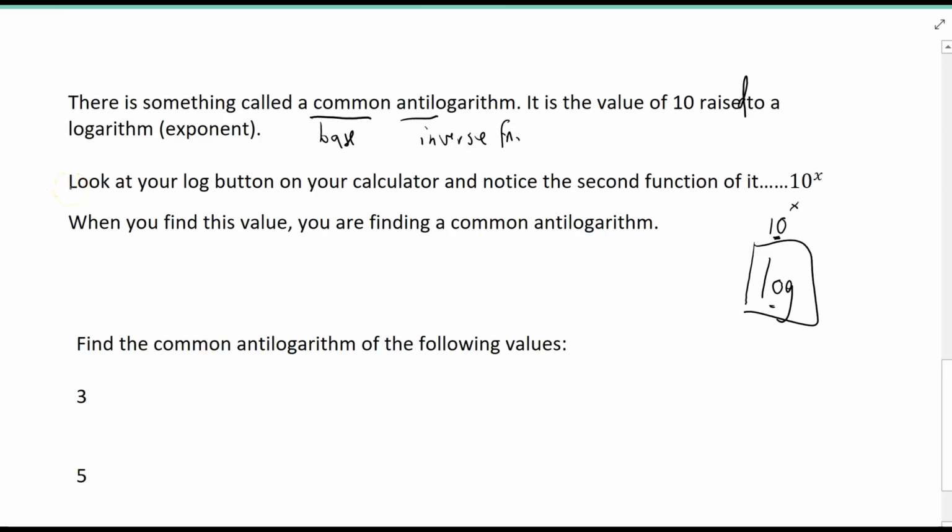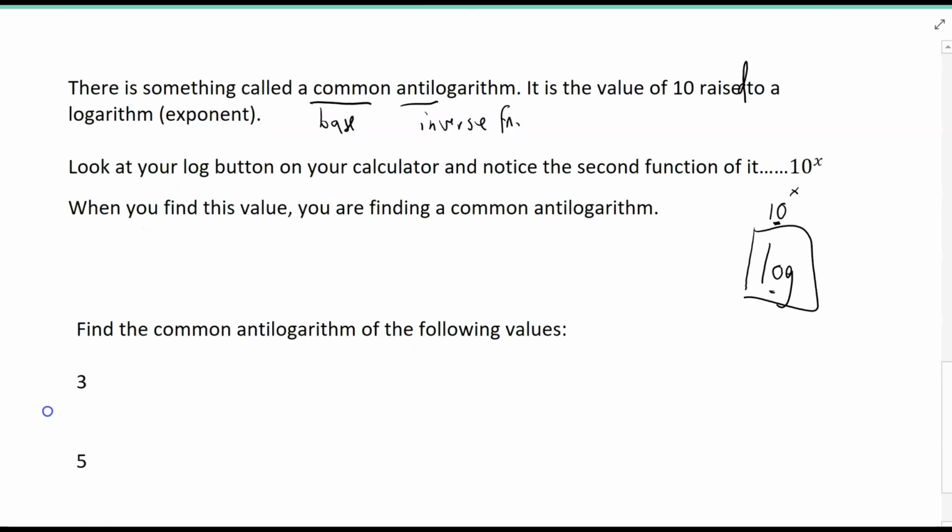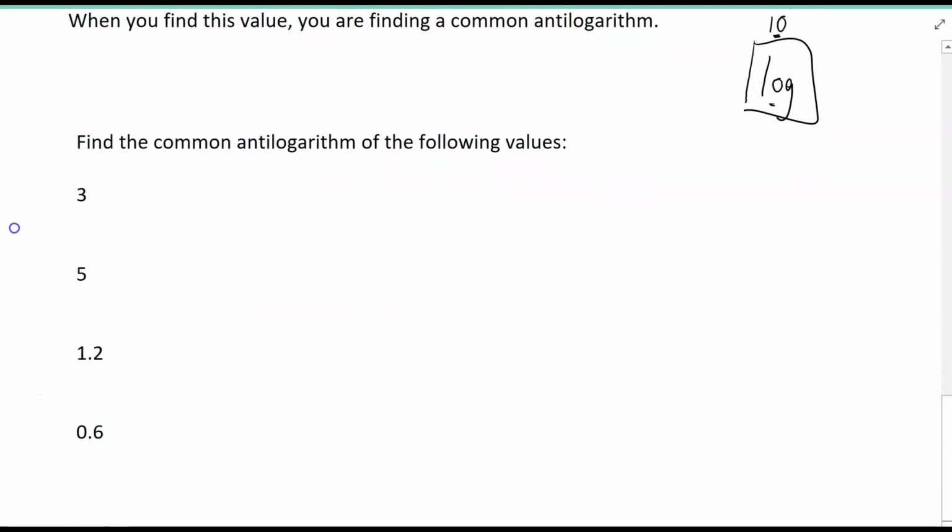Look at your log button on your calculator. Notice the second function of it is 10 to the x. When you find this value, you are finding a common anti-logarithm. Find the common anti-logarithm of the following values. It will help to write out what you are doing. I can't say equals from here because 3 is not equal to what we're going to figure out.